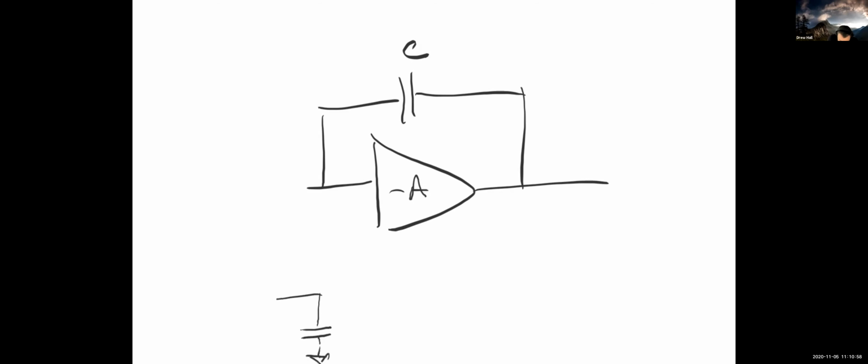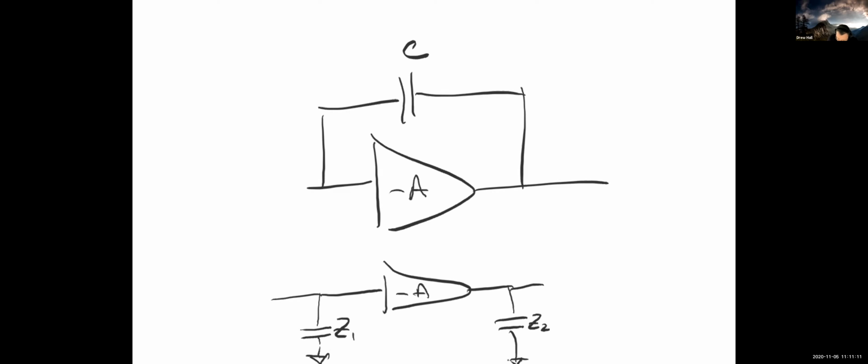I take C, I ground it at the input. I have my amplifier now in open loop, and I have another capacitance at the output that is also grounded. And these capacitances, of course, have changed in magnitude. Now they're Z1 and Z2.